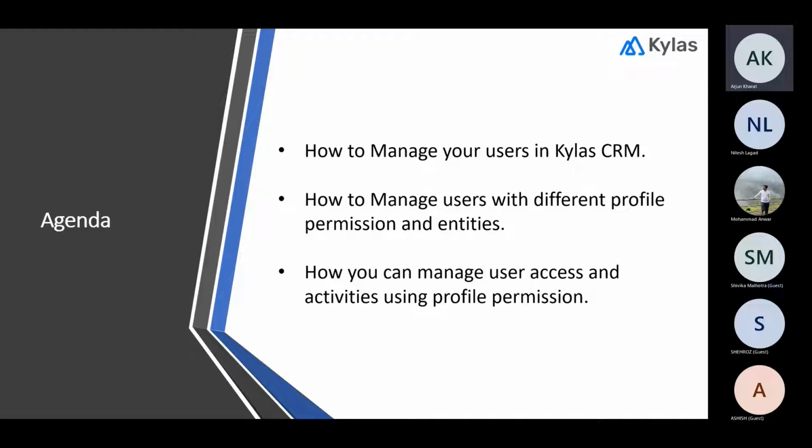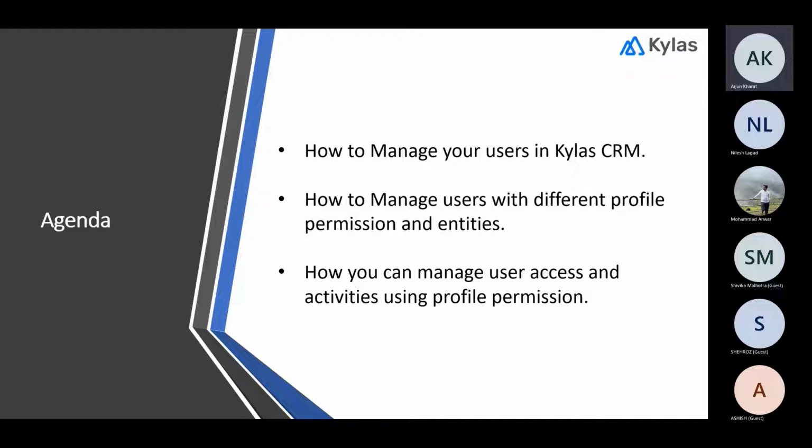Since in the CRM, we deal with a lot of entities such as lead, deal, contact, companies, we can give certain permissions to users so that they can access only limited information, or to the extent of whatever information they should be knowing based on their roles.